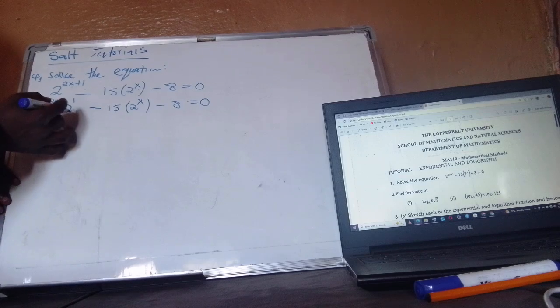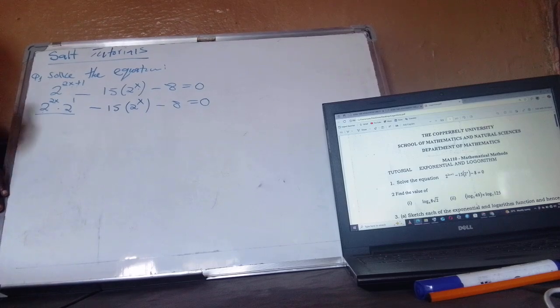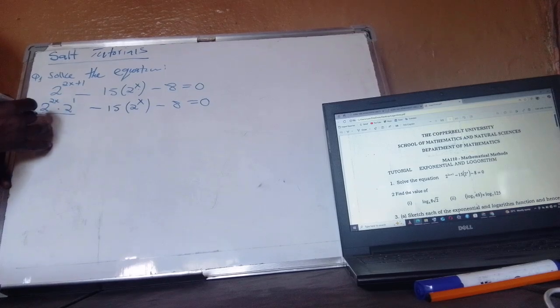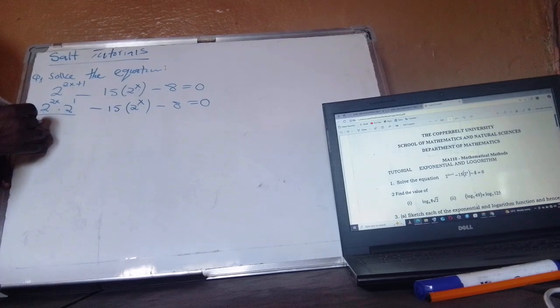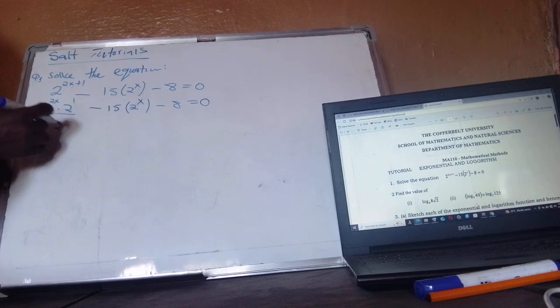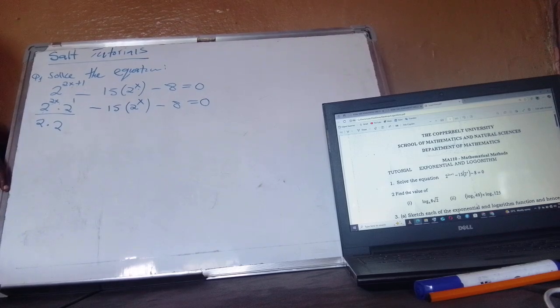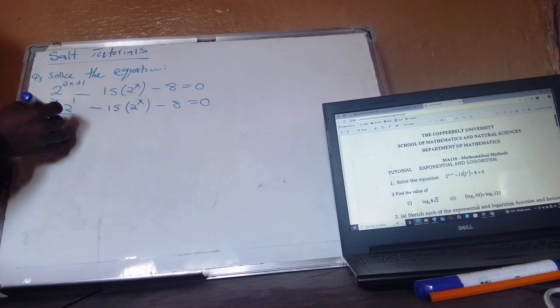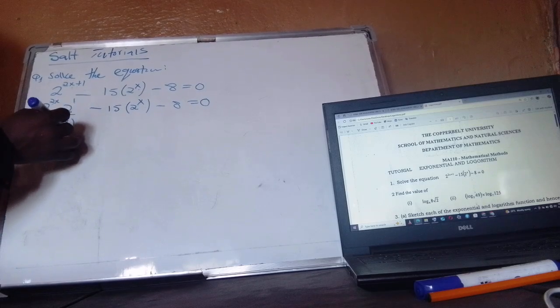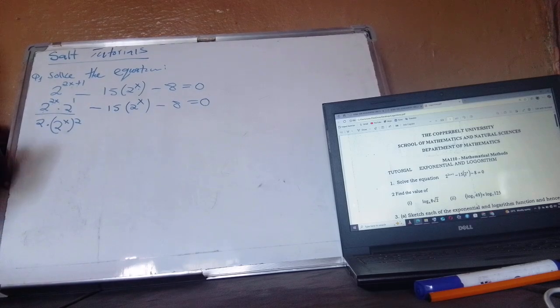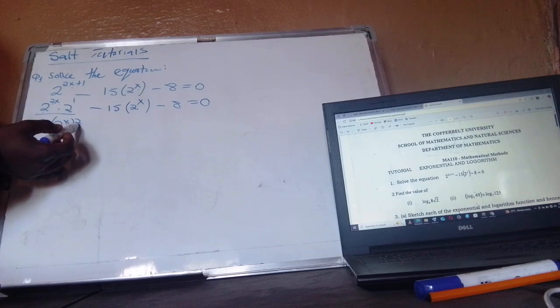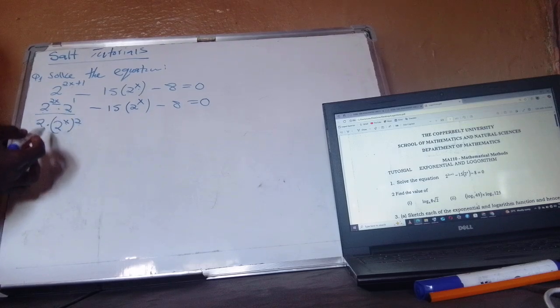So let's break this down further. This is multiplication, and multiplication is commutative. Even if I start with the 2, there's no harm. So the 2 can come first, to become 2 multiplied by 2 power 2x, which can be written as 2 power x squared. There's no harm; remember the property, x times 2 is the same as 2x. I want the 2 power x here.